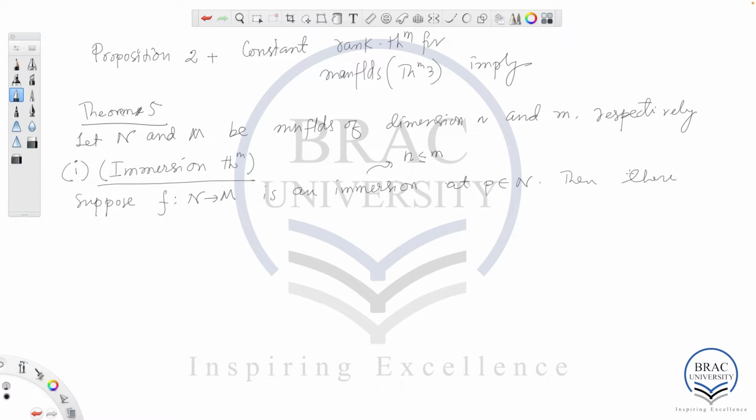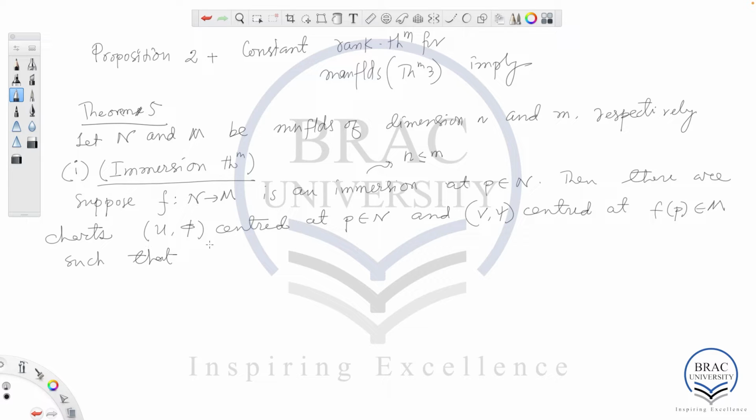Then there are charts (U, phi) centered at P in N, and (V, psi) centered at f of P in M, such that in a neighborhood of phi of P. Since the chart (U, phi) is centered at P, we know that phi of P is equal to the zero vector in the n-dimensional Euclidean space.